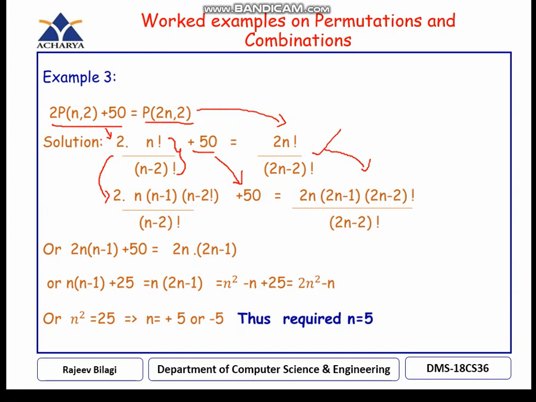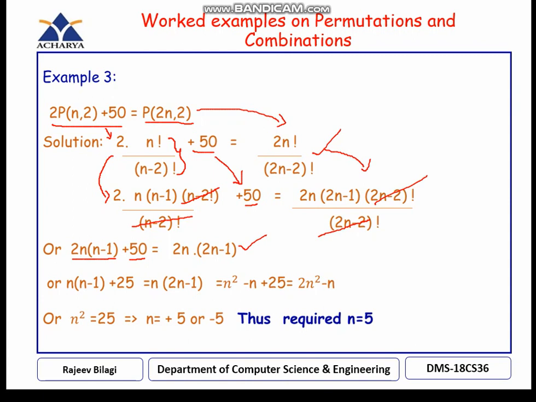So here this one and this one get cancelled. We are left with 2n(n - 1) on this side, 2n(n - 1) + 50. Here again these two will get cancelled. We are left with 2n(2n - 1).